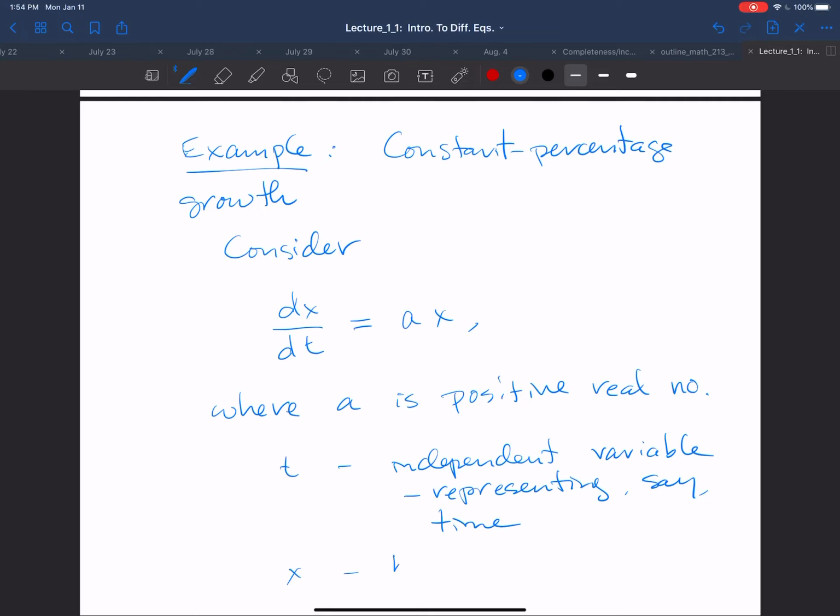And x could be something like a bank balance, or say the population of some species growing in some habitat, let's say.